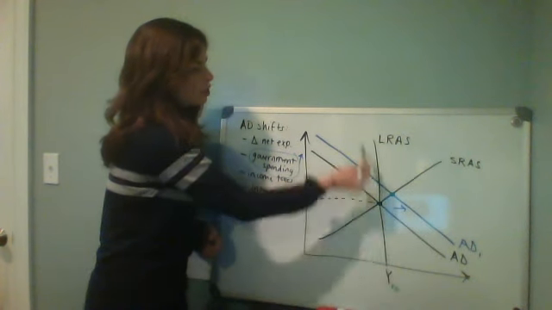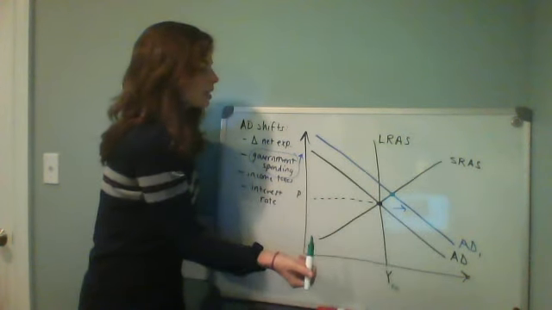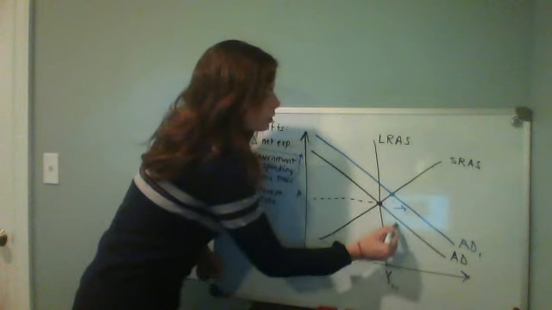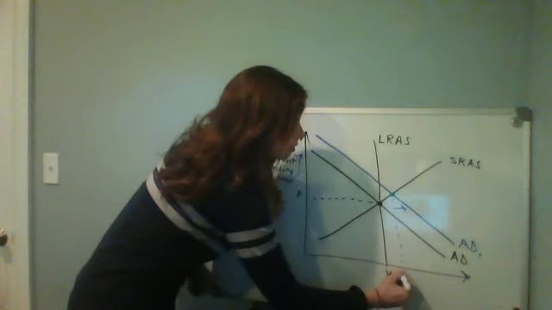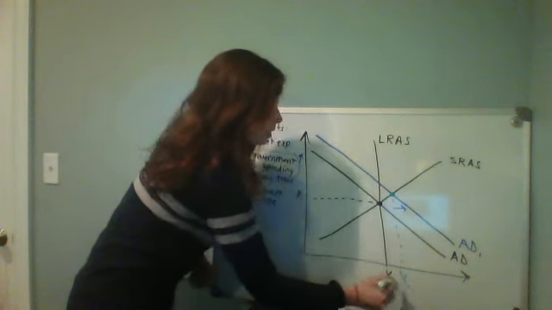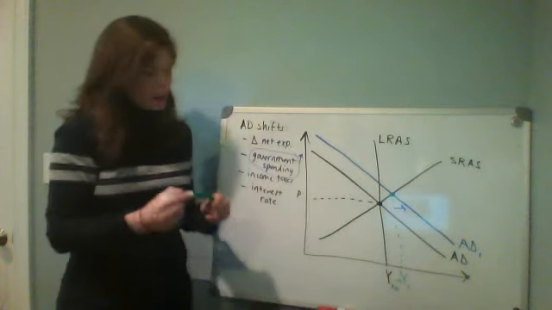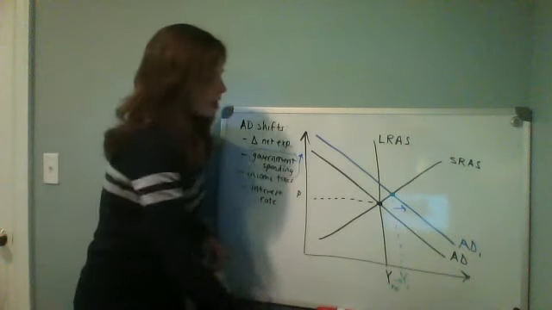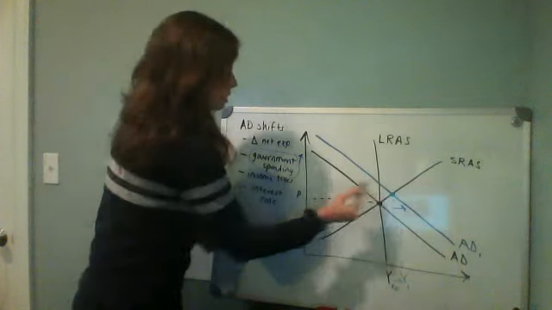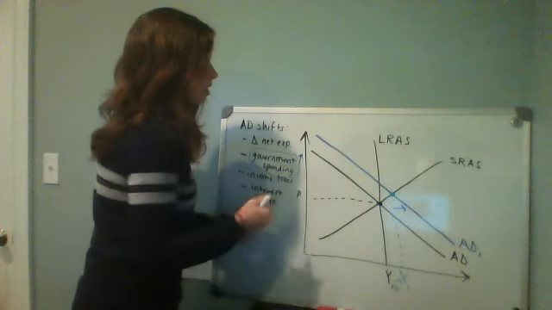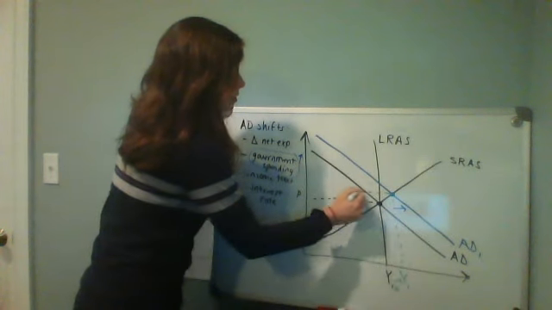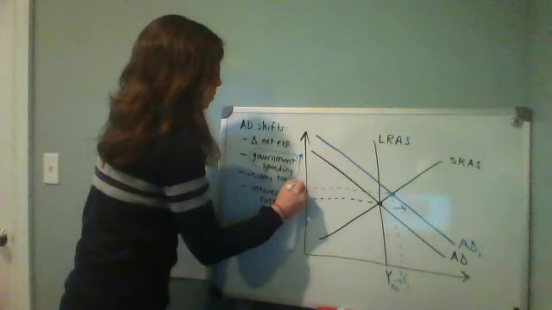And the price level can change to whatever level. So here, you can see that we've moved beyond. So we're at Y1. It's an increase from our previous output, our full employment output. And we also see that the price level is up. So the price level has also increased. We'll call that P1.